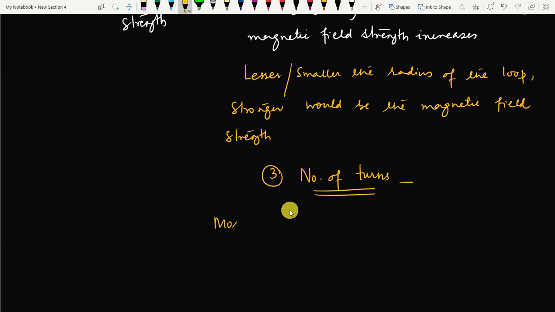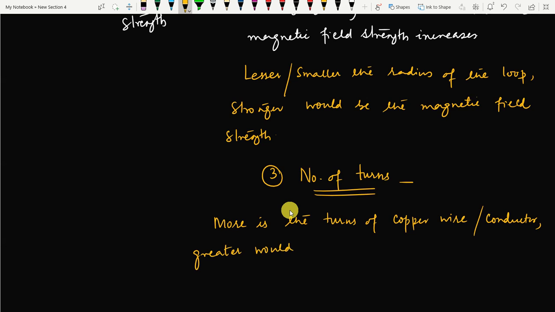So more is the turns of copper wire or conductor, greater would be the magnetic field strength.